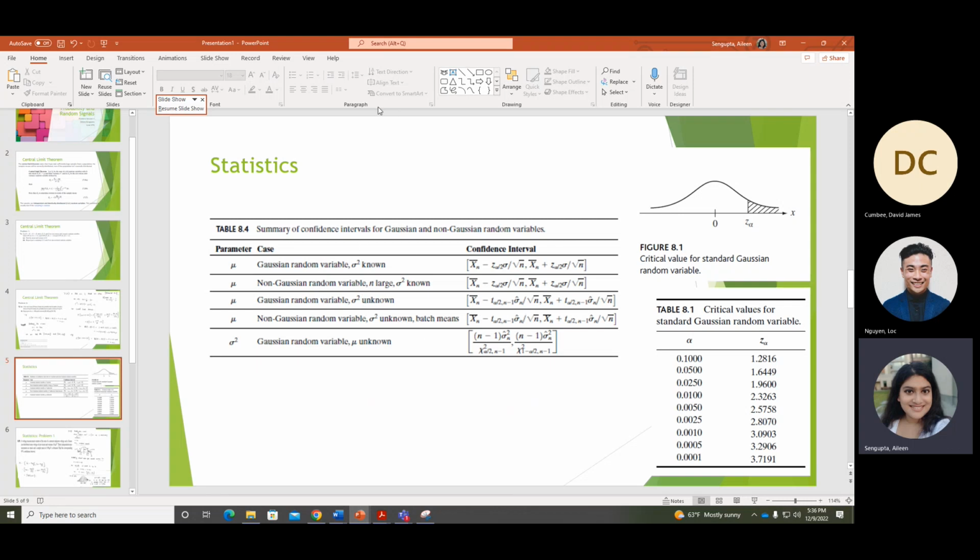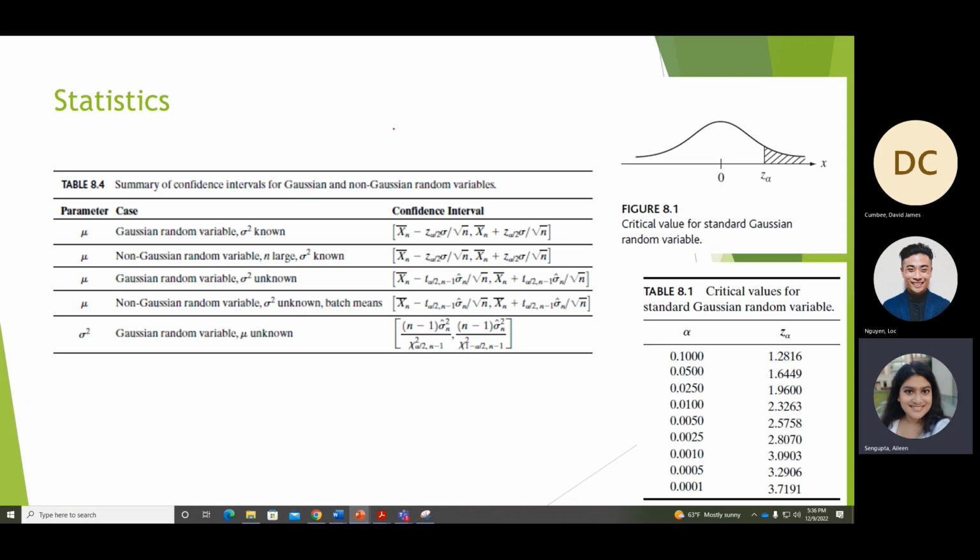That is why I'm explaining in terms of the table. Like you see here, the critical values. I have just shown one table for time's sake, but there are basically tables for the Z distribution, the T distribution, and the chi-square distribution.